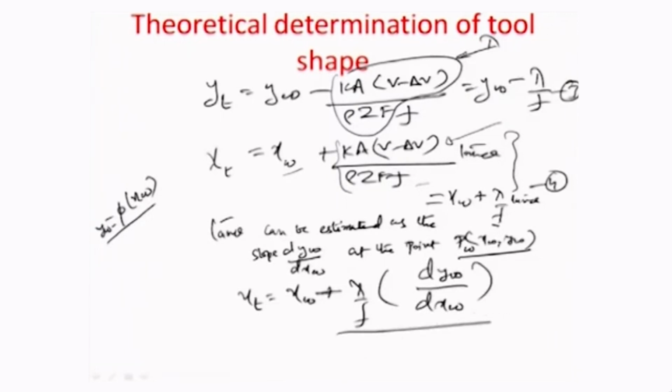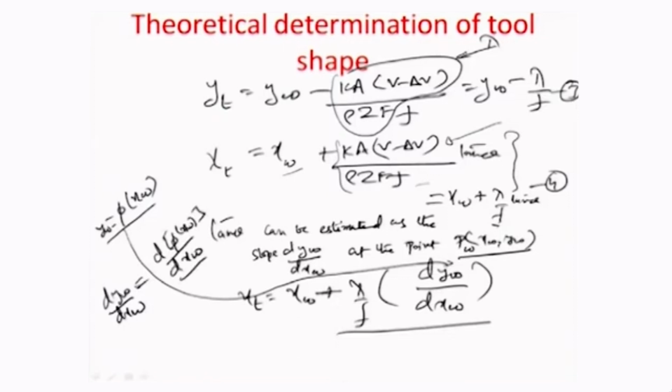Since the work surface geometry is given by this relationship, the dyw by dxw actually equals to d phi xw by dxw.